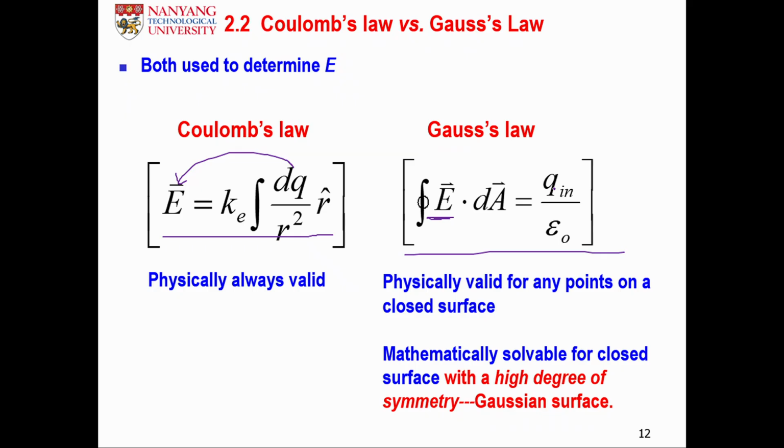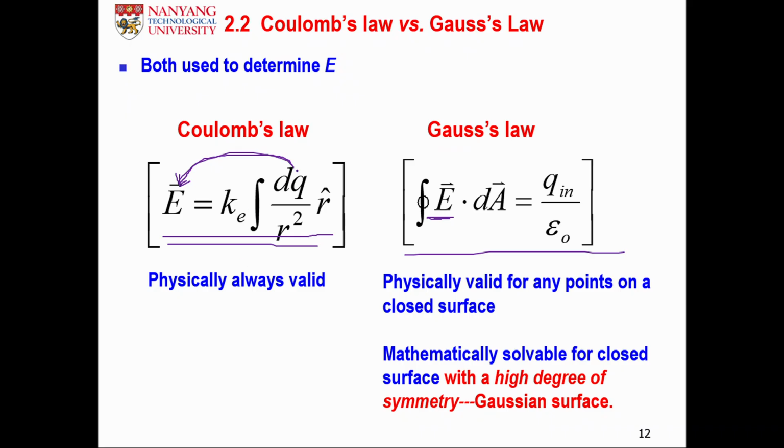Of course, there are some differences between these two methods. First of all, Coulomb's law is always valid, physically and mathematically. But whether you can use Coulomb's law to find the final solution, that is another thing. The idea is always valid.